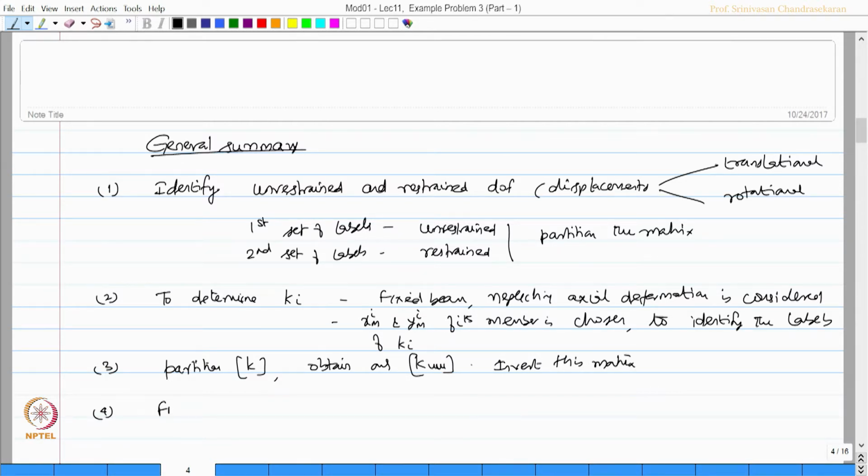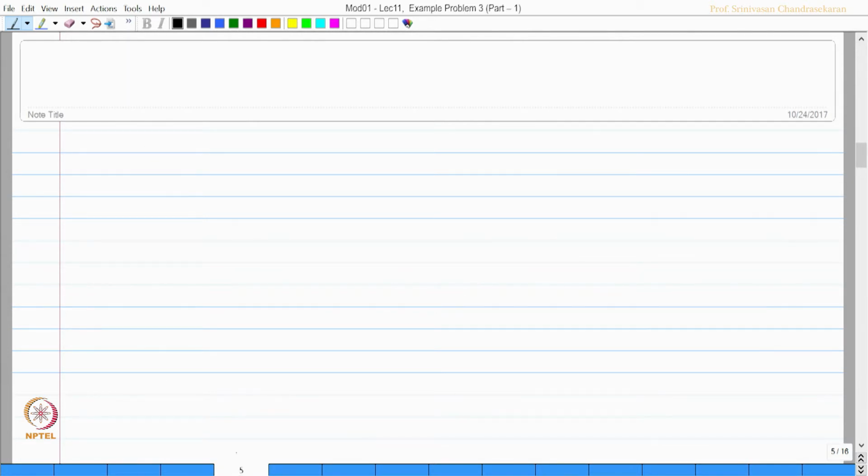From the fixed end moment, we need to identify the joint load vector. The joint load vector is nothing but the fixed end moment with its sign reversed. The joint load matrix is also partitioned as unrestrained and restrained.